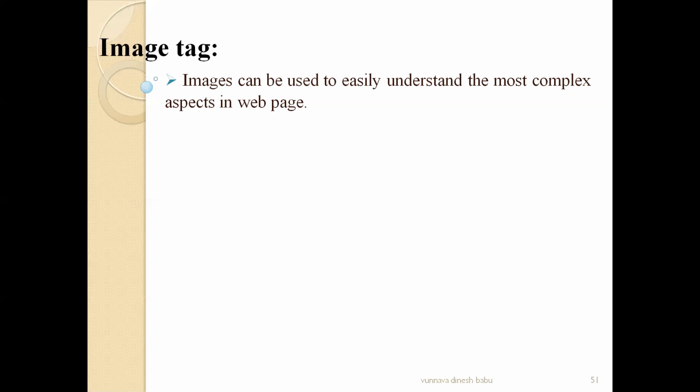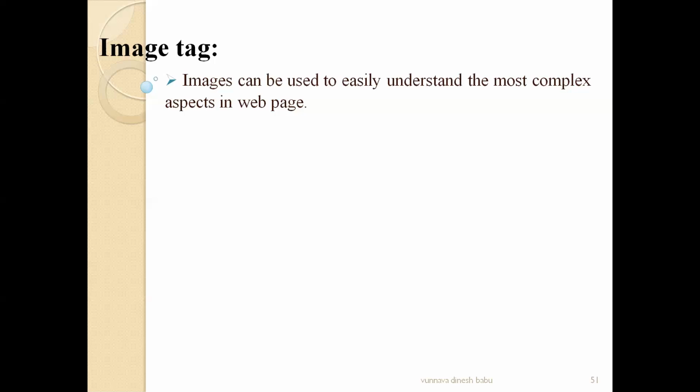If the details are presented in a tabular format, most people cannot remember all the details of that particular table. If the same table is converted into a pie chart, a bar graph or a line graph, and that image is displayed on the web page, many people can easily understand and remember it. So these images are used to display some complex aspects on a web page.